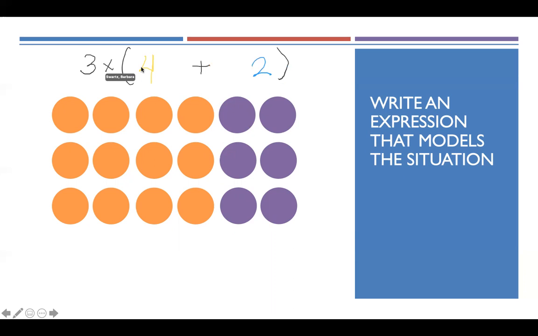The parentheses. And now we get 3 times not just 4, but we literally changed the groups. It's not just 4 with the 2 extra at the bottom. We had now changed the groups. So it's 3 times 6, right? 4 and 2, 4 and 2, 4 and 2. So it's 3 times 4 plus 2. But right now we have these parentheses. We want to add the 4 plus 2 first.